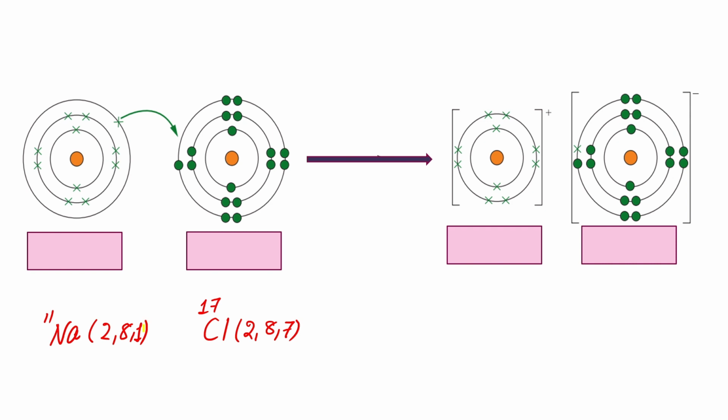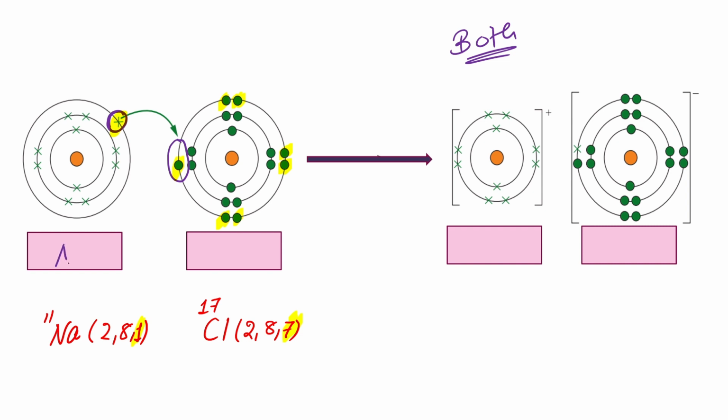So here we have 1 electron in the outermost shell for the sodium and 7 electrons in the outermost shell for the chlorine. When they react together, the outer electron is transferred to the outer shell of the chlorine atom, and by this both atoms contain a full outermost shell and they become like the noble gases.